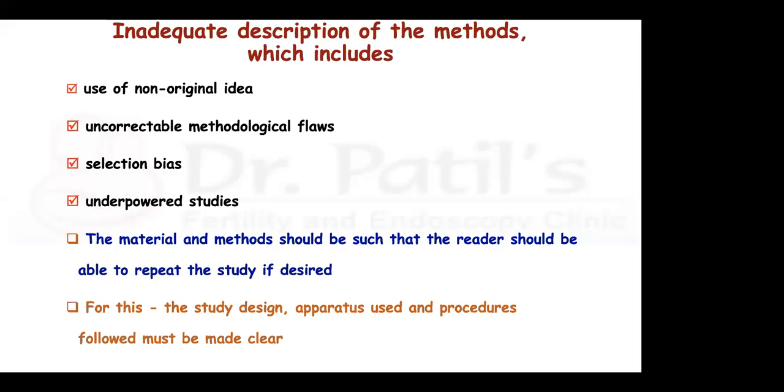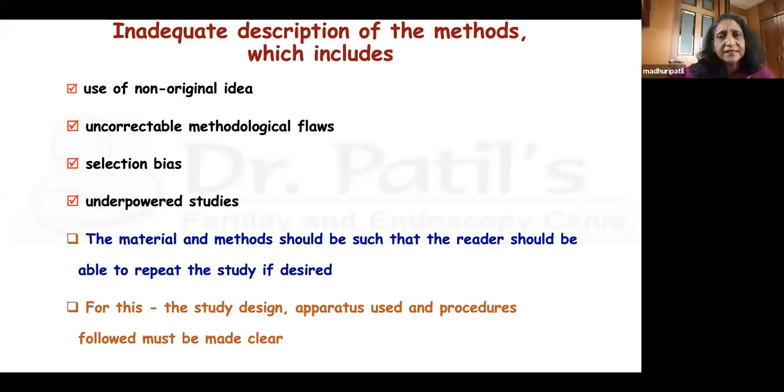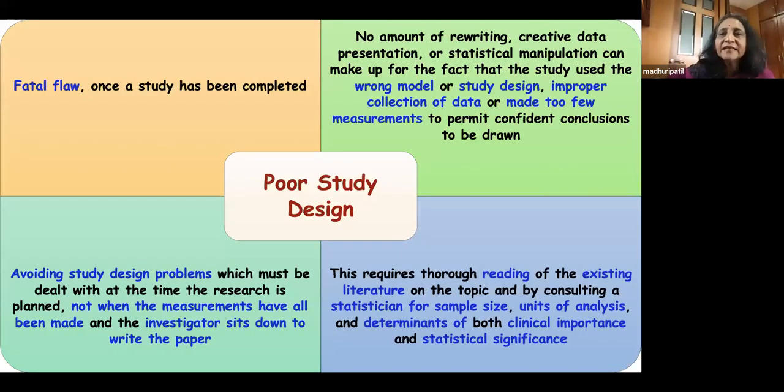Fatal flaws: once a study has been completed, no amount of rewriting, creative data presentation or statistical manipulation can make up for the fact that the study used the wrong model, or the study design was improper and there was improper collection of data, or too few measurements were made to permit confident conclusions to be drawn.